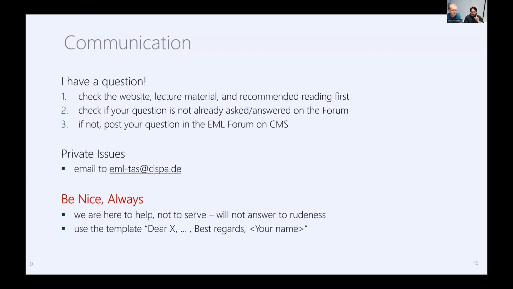So keep in mind that we also have a forum where students can post and answer the questions that they might have. And if you follow these two steps and then you cannot find the answer to your question, then you can directly post your question in the EML forum on the CMS. Right? And we are quite sure that 99% of your questions will be answered if you follow these 3 steps.